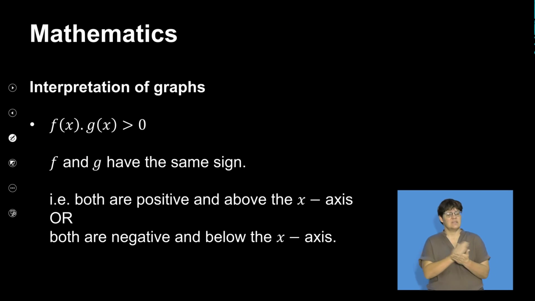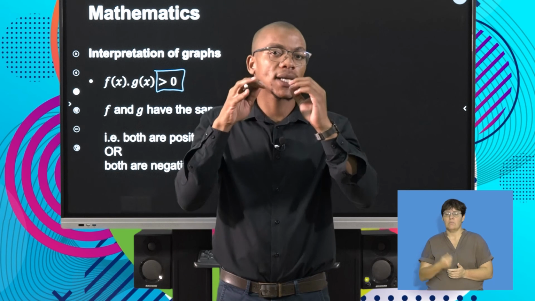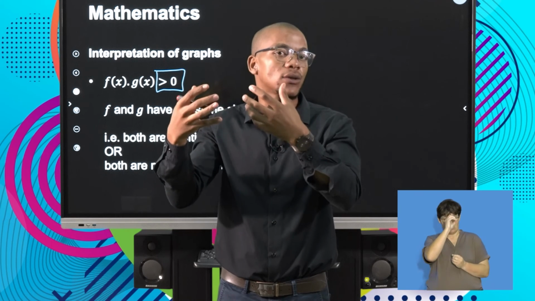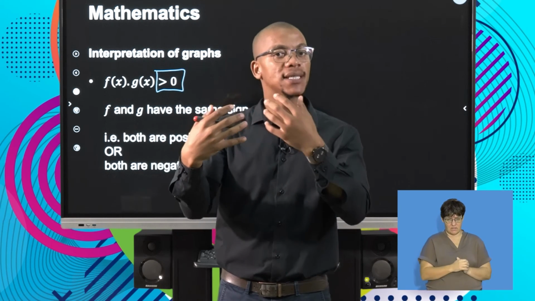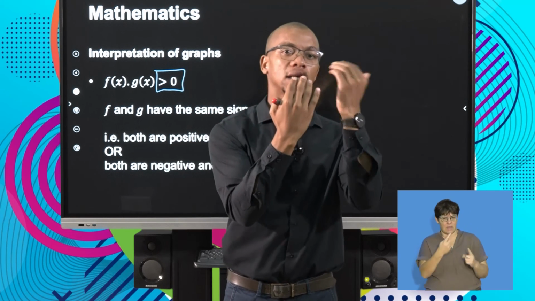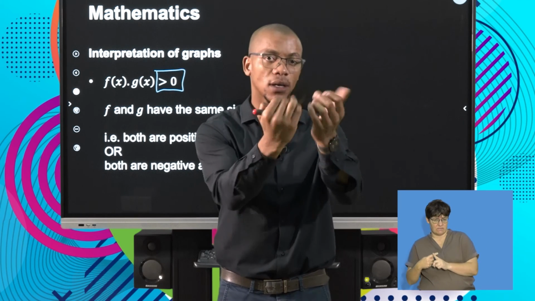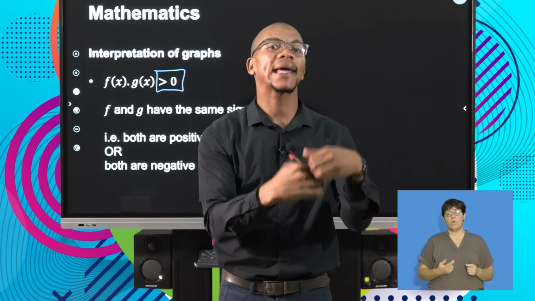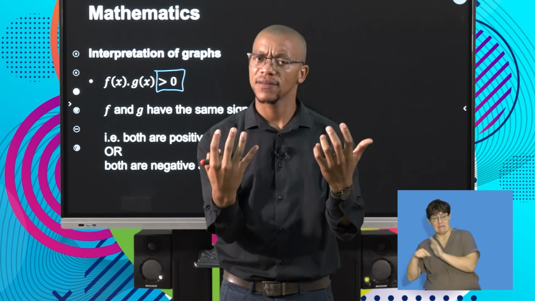Now at times they might say where f multiplied by g is greater than 0. So for me to get something that is positive when I'm multiplying two things, right? Just logically think about this. I want to get something that is greater than 0, meaning positive. It means I must multiply either a positive and a positive, or a negative and a negative, right?